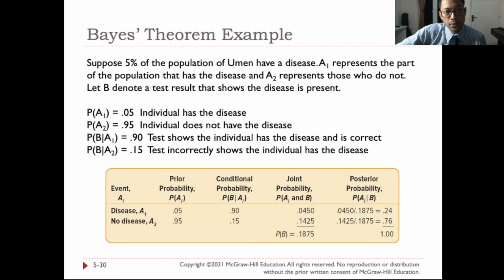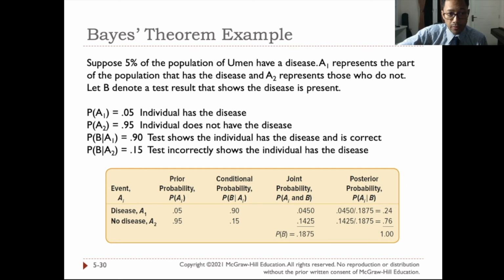Now suppose 5% of the population of women have a disease, and A1 represents the part of the population that has the disease, and A2 represents those who do not. Let B denote the test result that shows the disease is present. The probability of A1, which is having the disease, is 0.05.